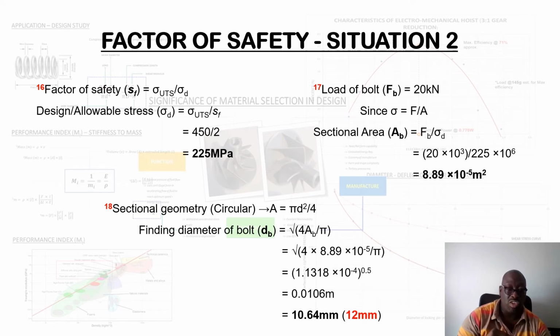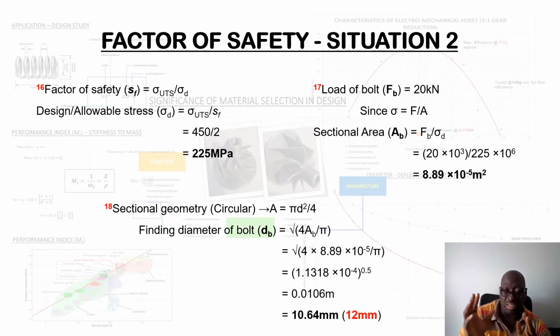Thus, it's always best to round up to the nearest bolt size available. Since bolts do not necessarily come in 11 millimeters, the next available bolt, as I stated, after 6 millimeters, I think after 5 millimeters, everything is more or less manufactured in even numbers.